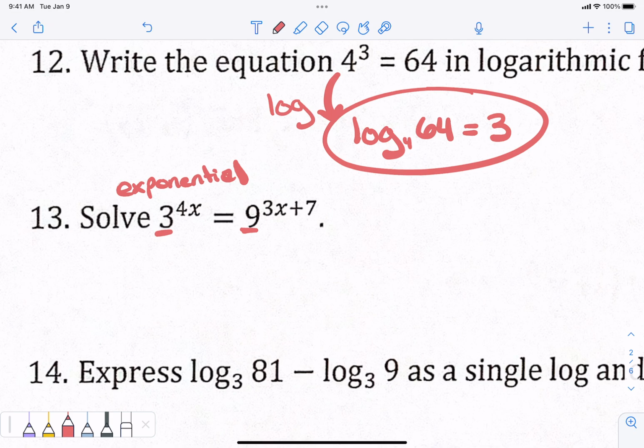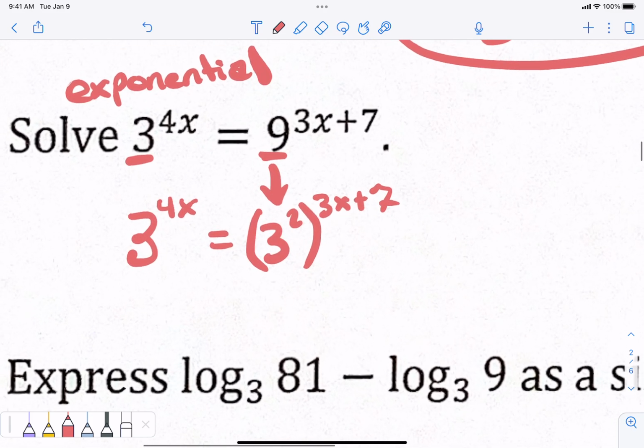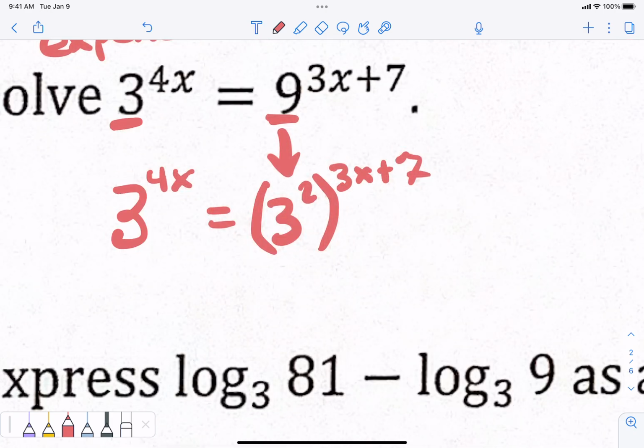We're going to rewrite the 9. You remember doing this? 9 is the same thing as 3 squared. So we've got 3 squared, and then 3^(x+7) equals 3 to the 4x power. So we're just rewriting. The only thing I swapped out is the 9 became 3 squared.